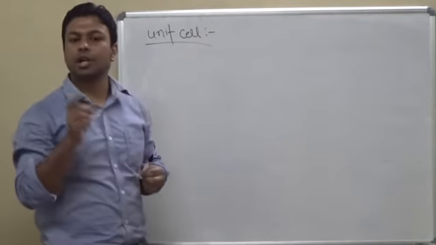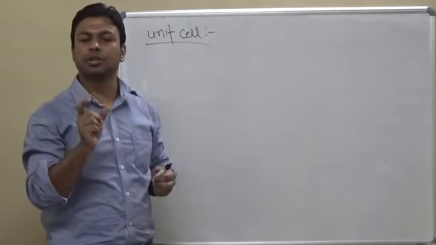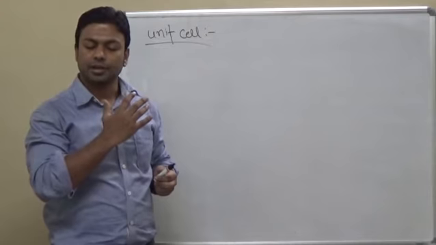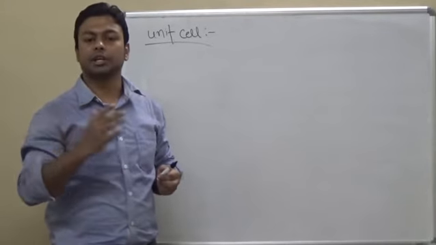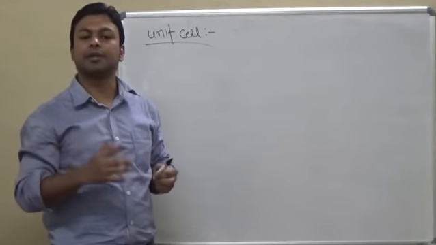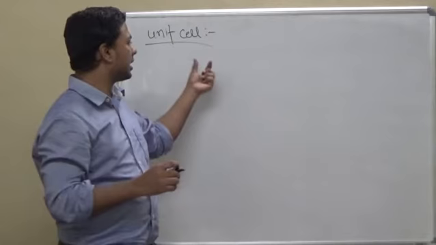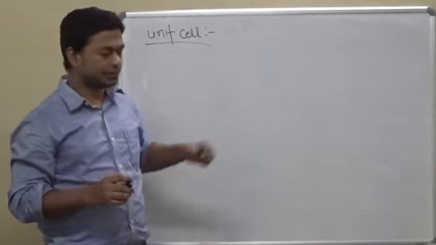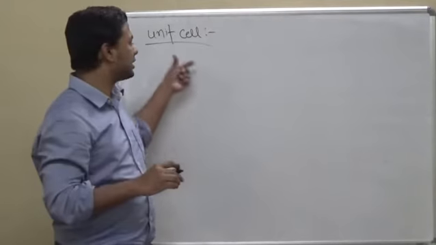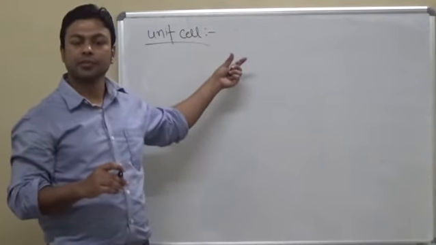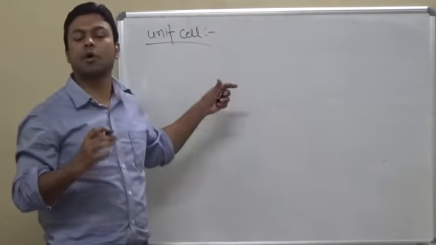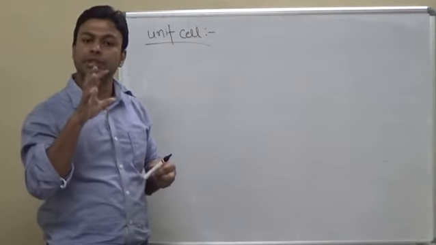Unit cell is the smallest unit of a crystal such that if we arrange it indefinitely in a regular manner, we'll get a crystal structure. This is the smallest unit of a crystal which describes all the properties of the crystal, means all the symmetry of the crystal. We cannot randomly choose any unit cell. It should describe all the properties of the crystal.